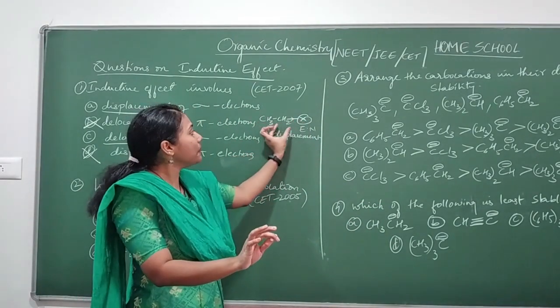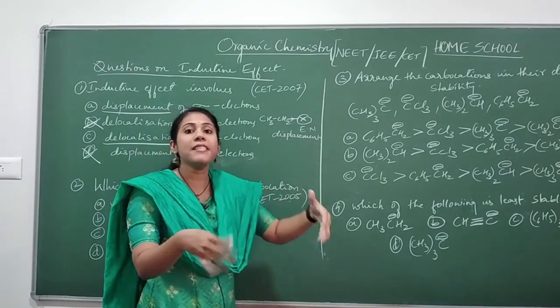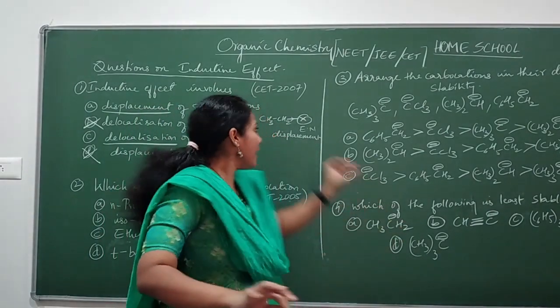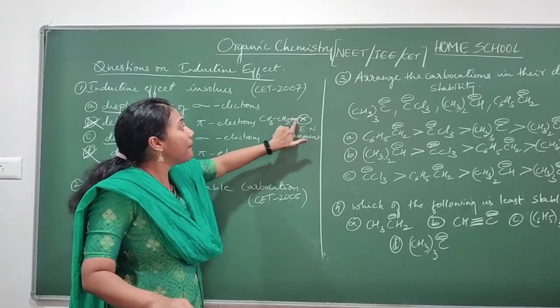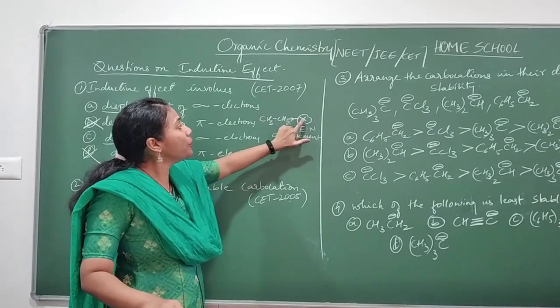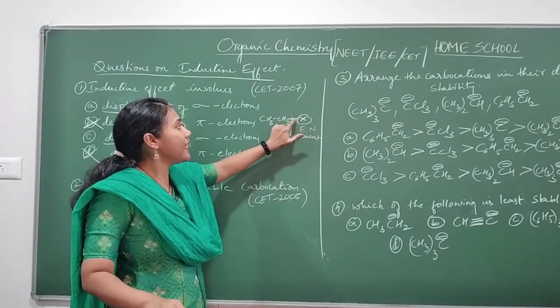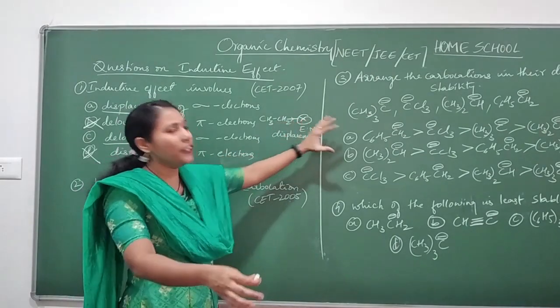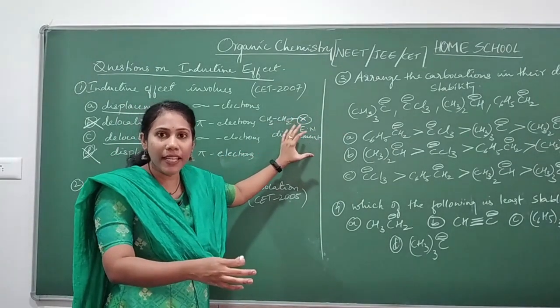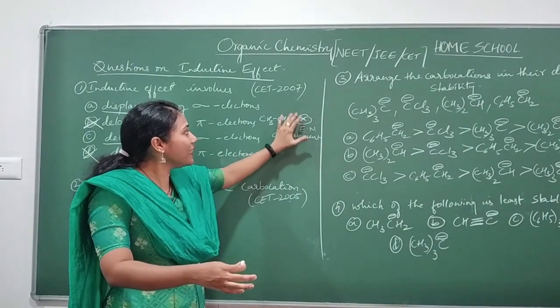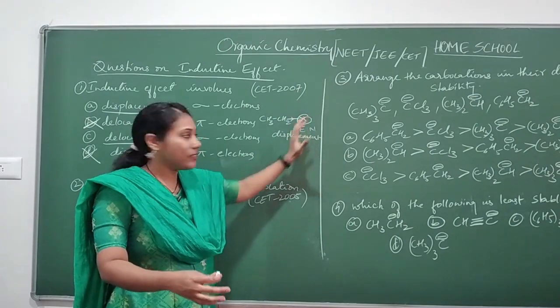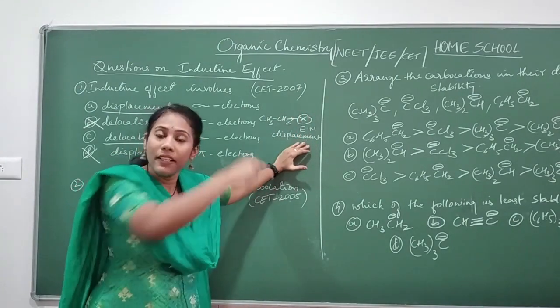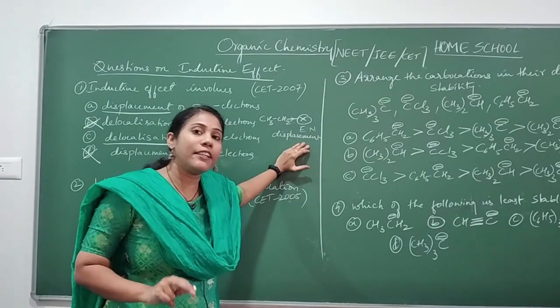They would otherwise stay exactly at the center between carbon and X, but they are slightly nearer to X, leaving carbon. This is what we call displacement. This is what you will see in inductive effect.